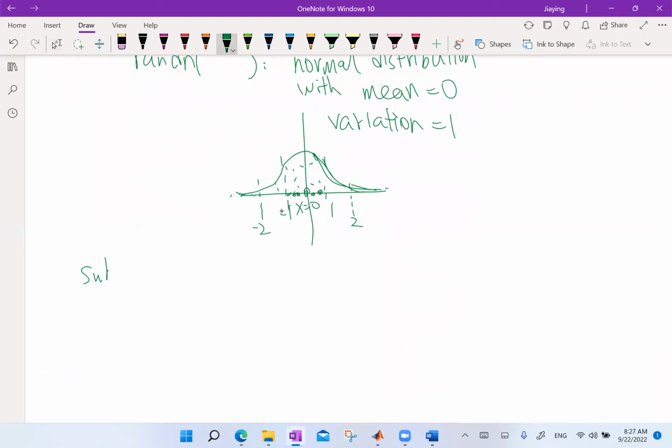So the command is subplot, with parentheses. There are 3 numbers here: let's say M, N, and P. The first 2 numbers tell us the grid size for the figure.